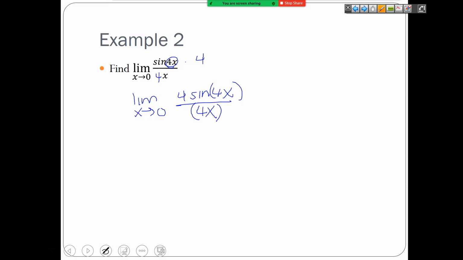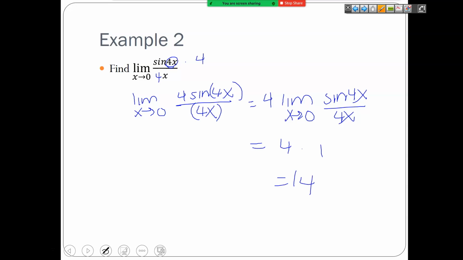So as long as the number in the angle matches the number in the denominator, it becomes 1. So we just now have this extra 4 hanging out. Well, a constant can get brought out in front of a limit. So that's equivalent again to saying 4, limit as x approaches 0, sine 4x over 4x, which becomes 4 times 1, or 4.